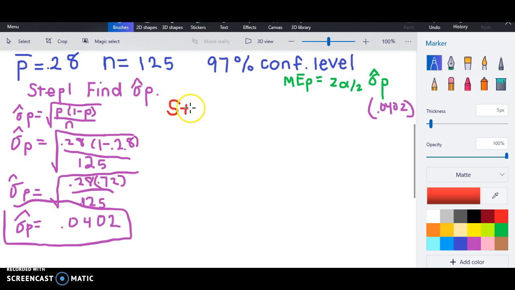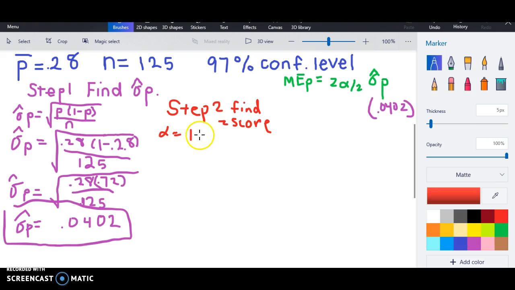So step 2 is to find the z-score. Critical value is another term; critical z-score is more accurate.